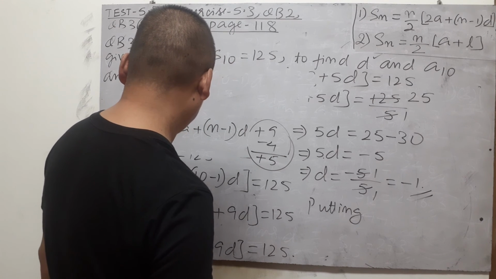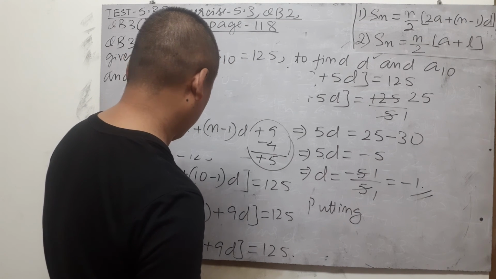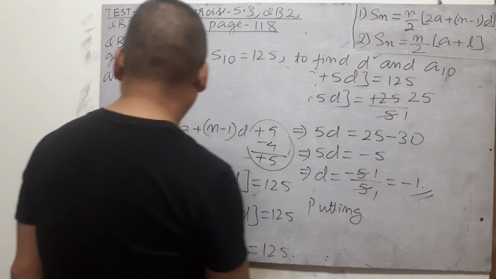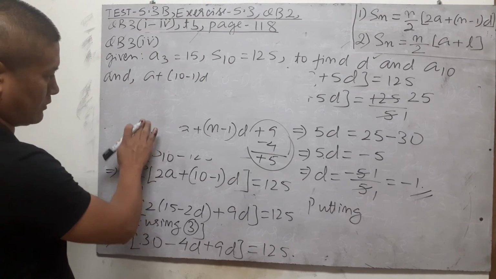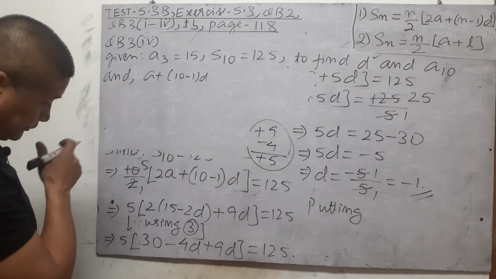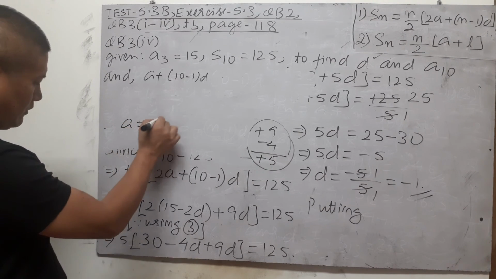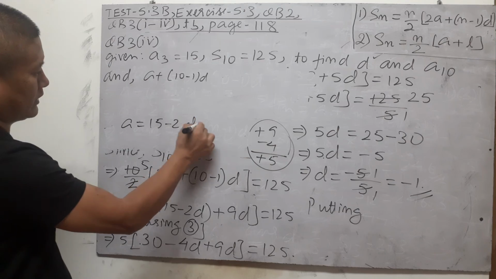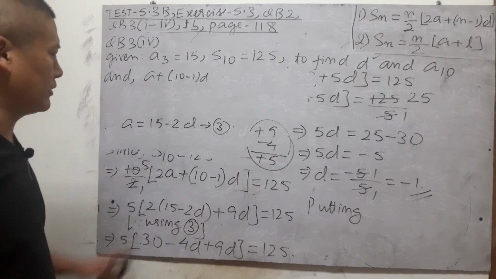Putting here, okay, we have here one equation, right? So let's write that down. You don't need to write it down, but see here, a equal to 15 minus 2d, as given in equation number 3 previously, so remember that.